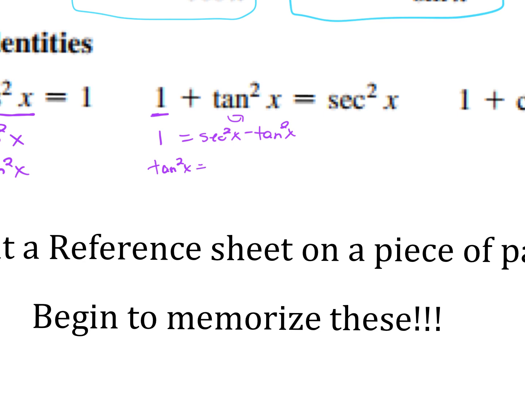So tangent squared x is equal to secant squared x minus 1. So those are 2 alternative forms for Drew's identity, which says what, Drew? 1 plus tan squared x equals secant squared x.